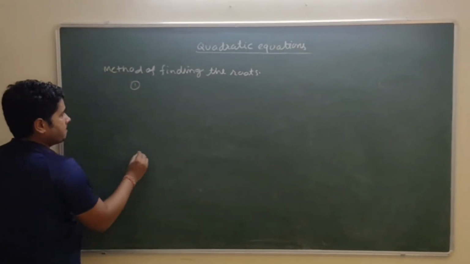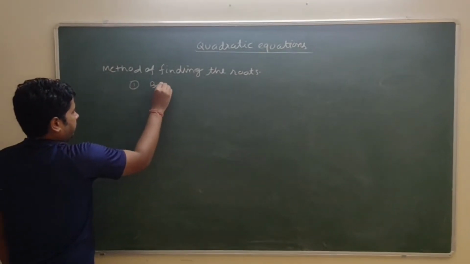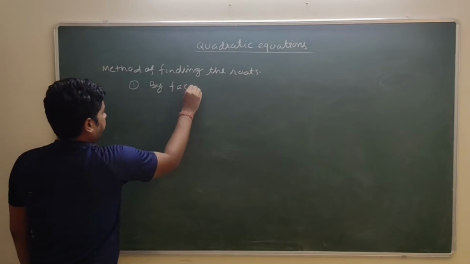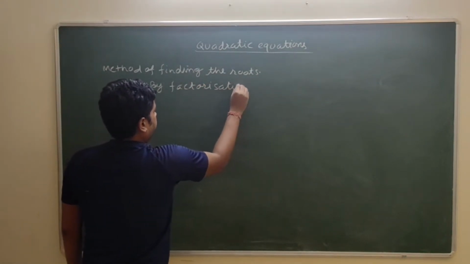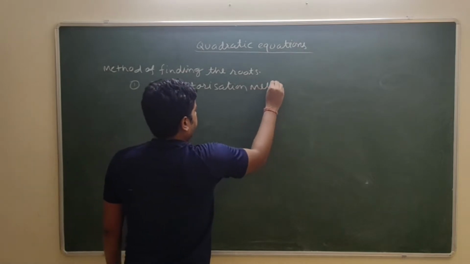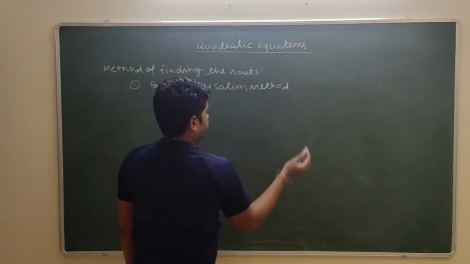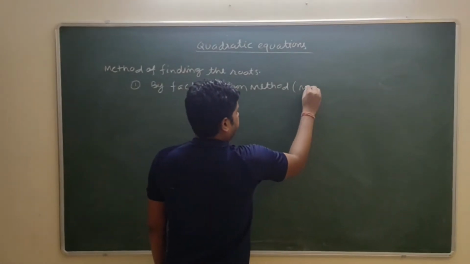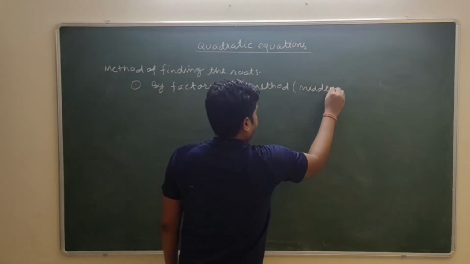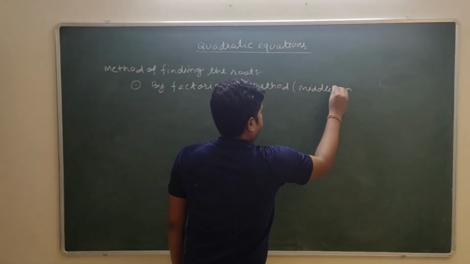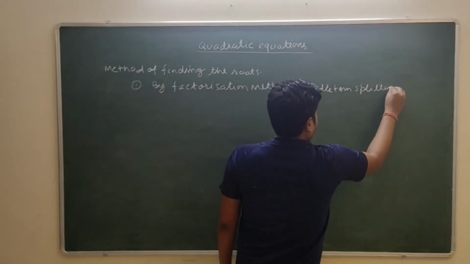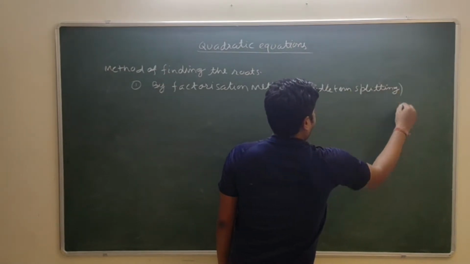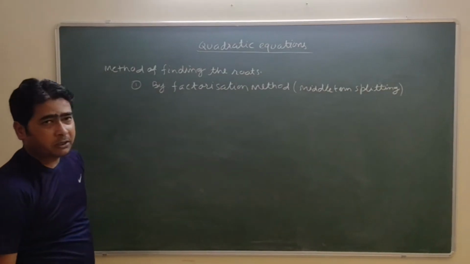Method number 1 is the factorization method. This is also called middle term splitting. This is the first method.